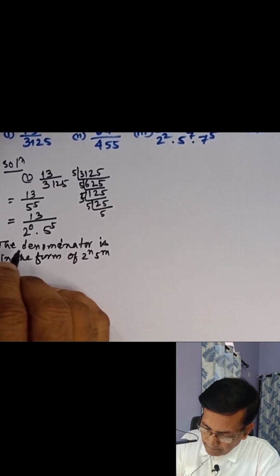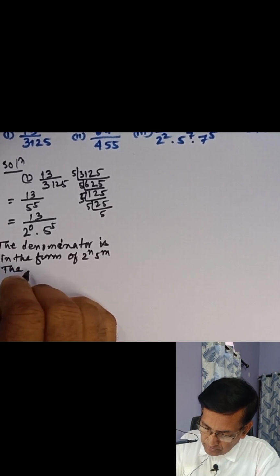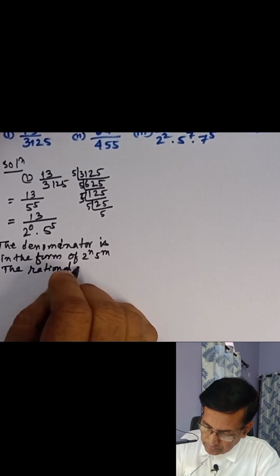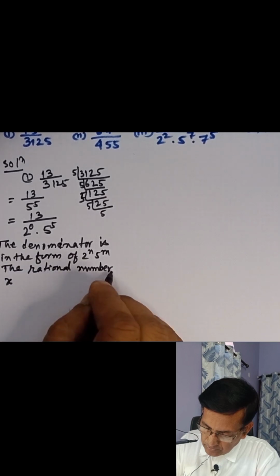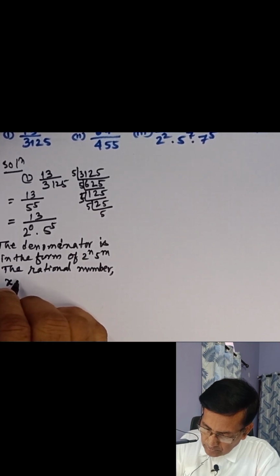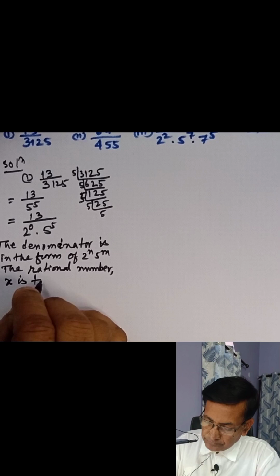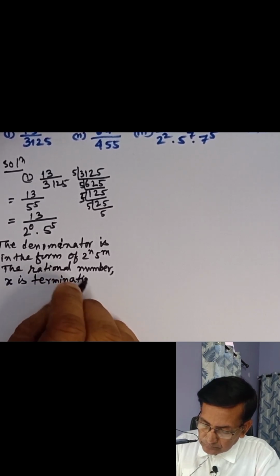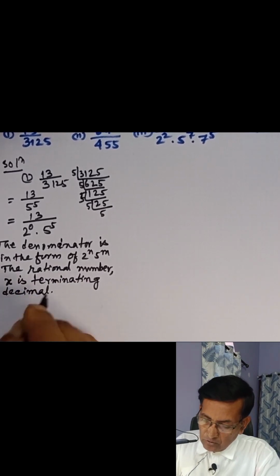Therefore, the rational number x is a terminating decimal.